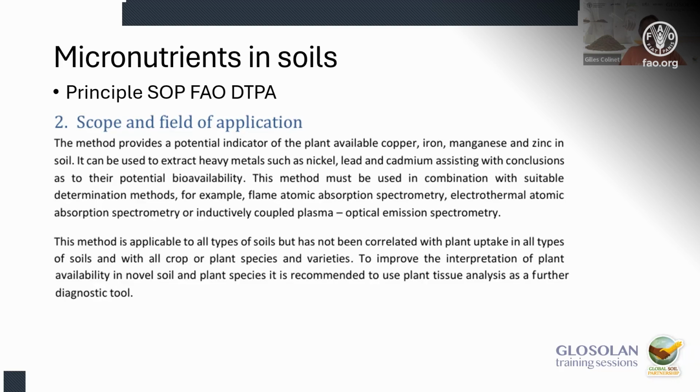So this method should be applicable to all types of soils, but you cannot aim to have a perfect correlation with all plants and all types of soils, all crops, all varieties.